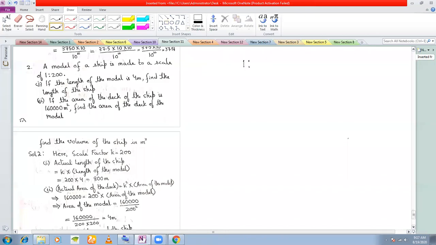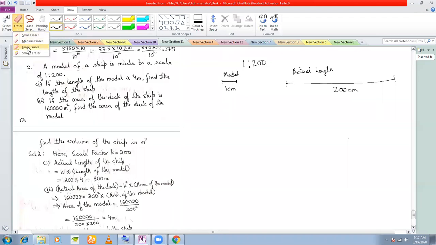This scale 1 is to 200 means that if a certain length is 1 centimeter in the model, then the actual length will be 200 centimeters. Understood? That is what this scale means.